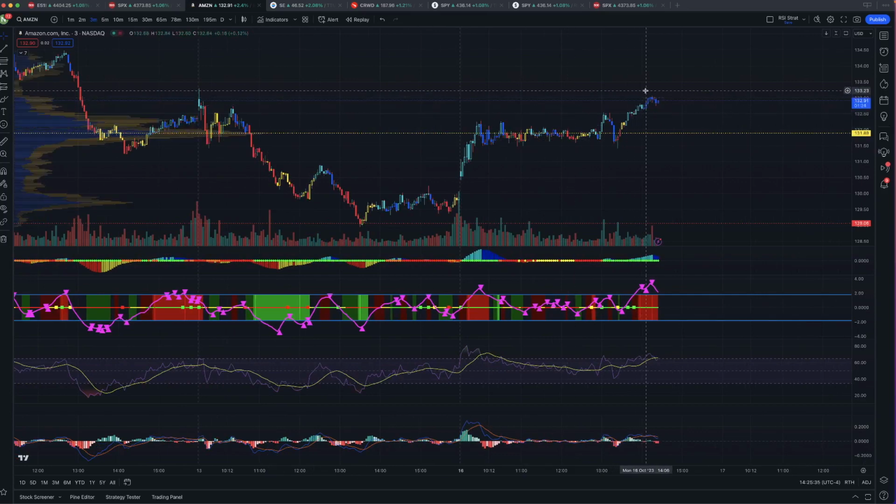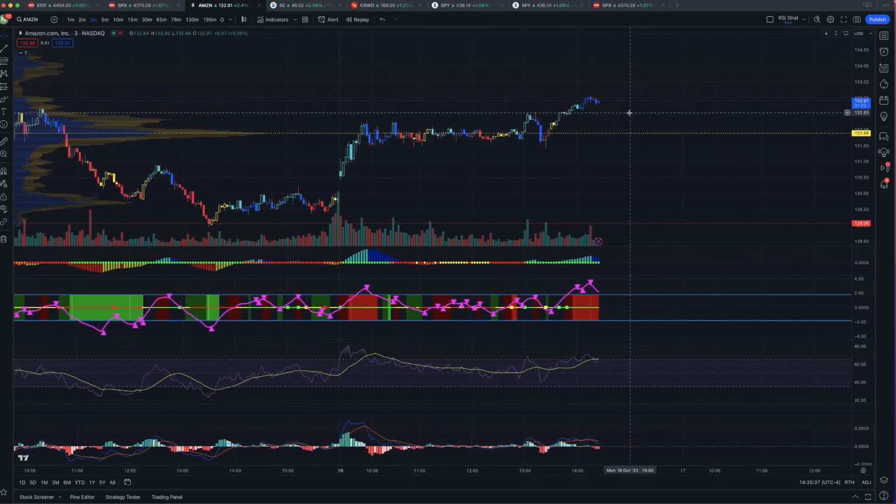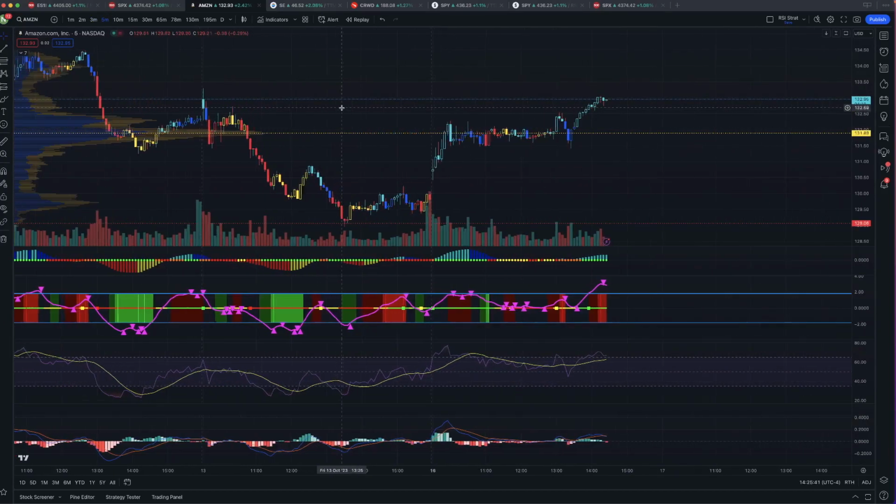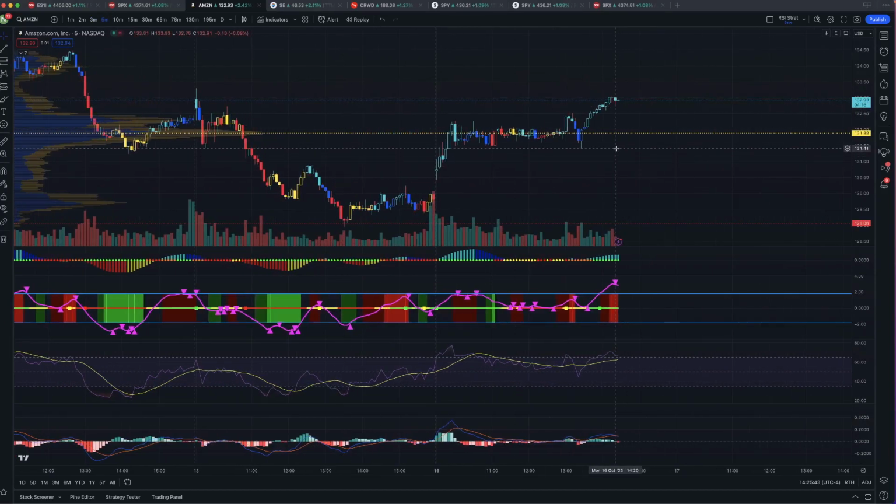So on this 3-minute, it would have given us a false signal here. So let's look at a 5. So here, MACD's crossing. We don't yet have a blue candle, but this could be a sniper style trade on Amazon. The only problem is you're buying this week's options expiration. You can't do a 0 DTE on that.